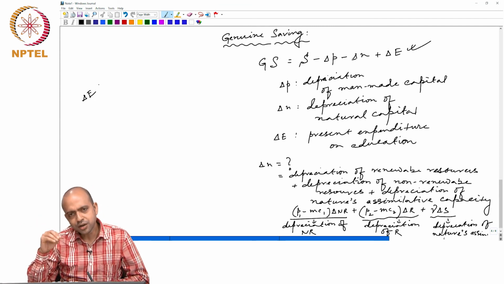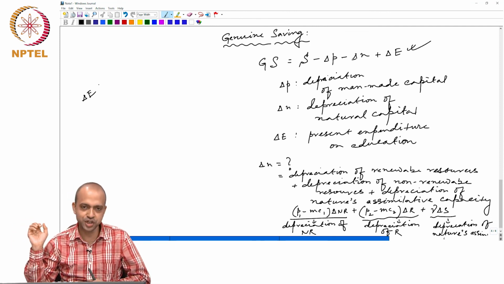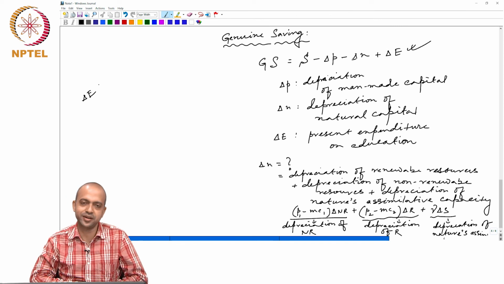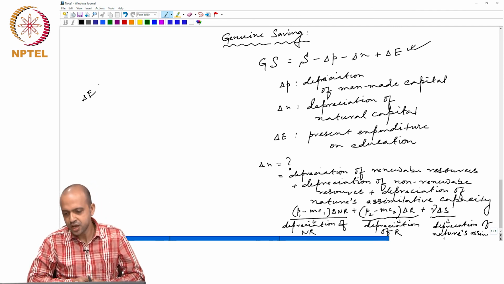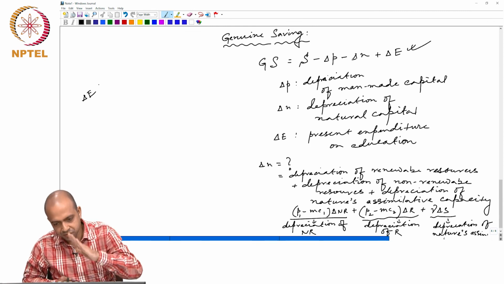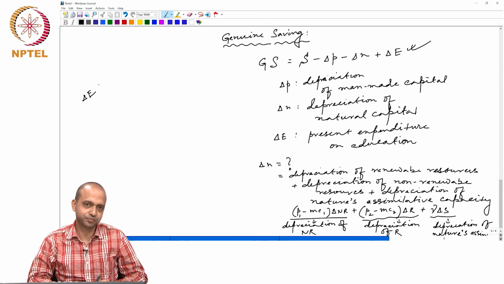But the World Bank says that in calculating genuine saving, we should add the present expenditure on education, because that is going to add human capital. This is the way by which you can measure genuine saving.